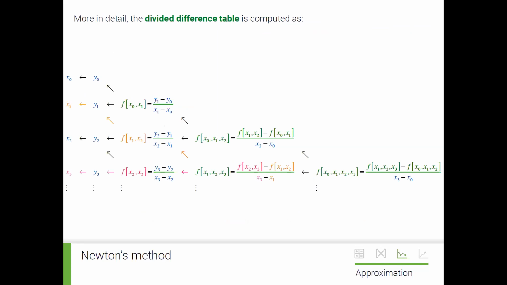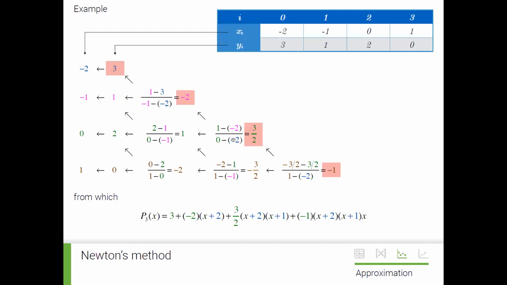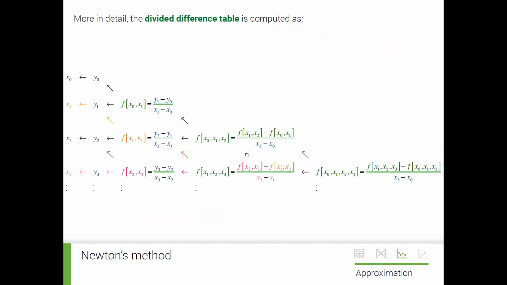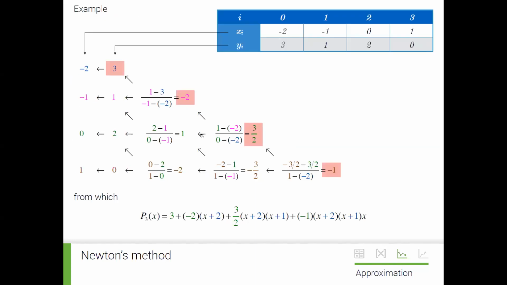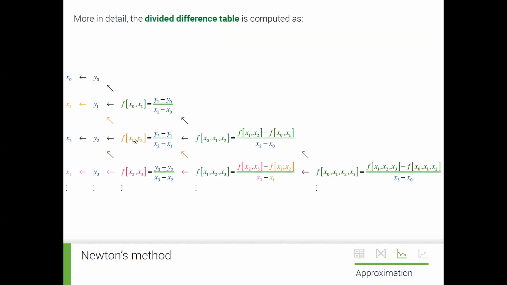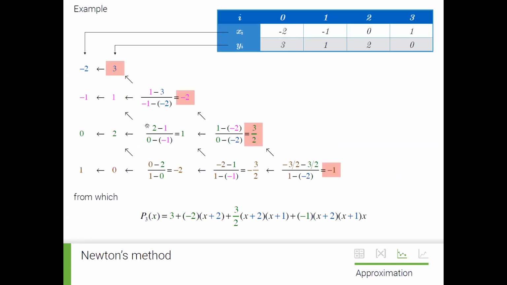So after replacing here, you will get the corresponding value. So this is now f[x1, x2] that we need to find. f[x1, x2] is y2 minus y1 over x2 minus x1, and after replacing, we get 1.